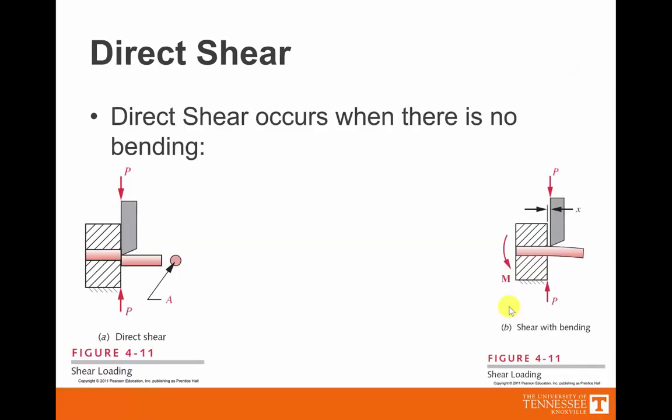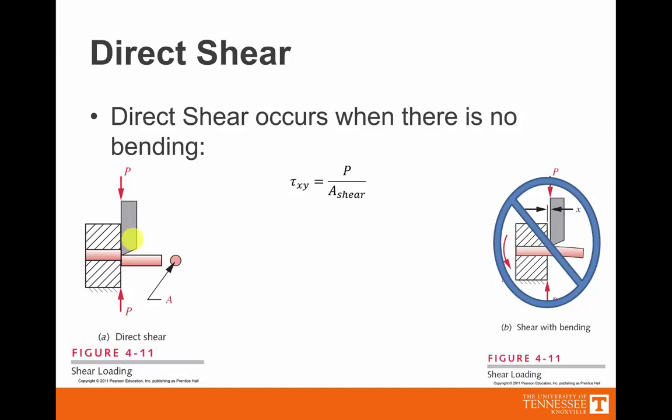Considering direct shear, we need to be very careful. We're saying direct shear occurs when there is no bending. So if you notice, there's a gap here, and it allows there to be a little bit of a cantilever beam, whereas in this one we're assuming no gap. We're not considering right now shear with bending, only pure shear. This is fairly hard to produce in real life, but if you find a case where this has happened in real life, the equation for the shear stress is just the force that you're using to shear divided by the shear area.